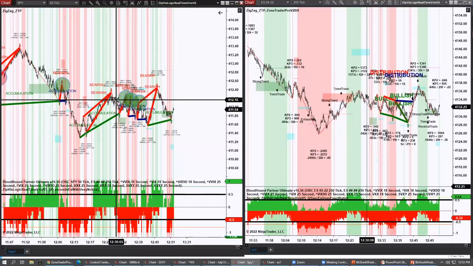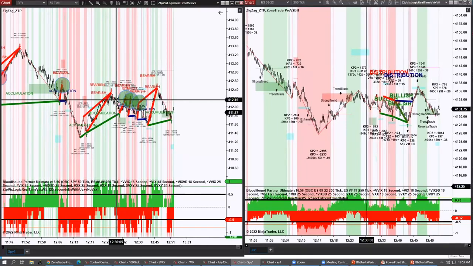However, the part that involves divergences could not be. And part of the reason is my programmer that created the divergences didn't create it with Bloodhound in mind.